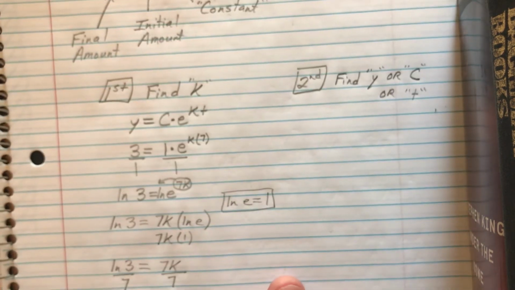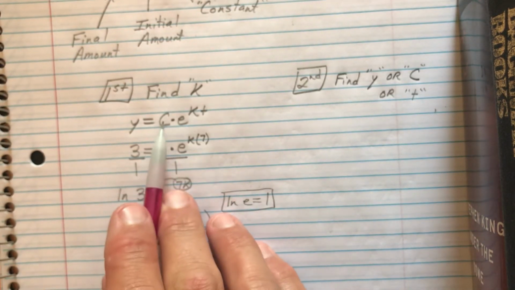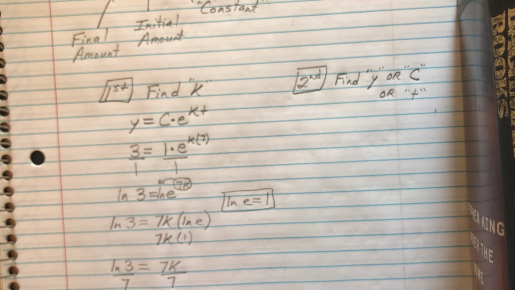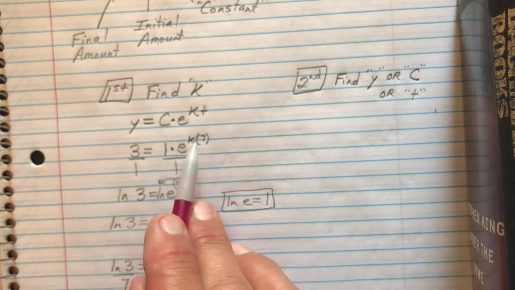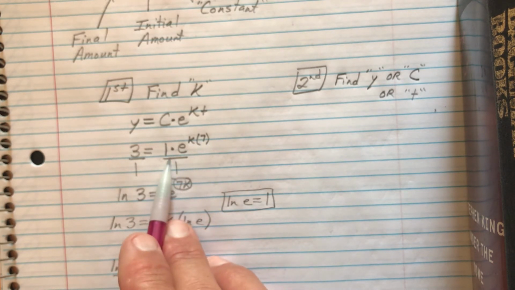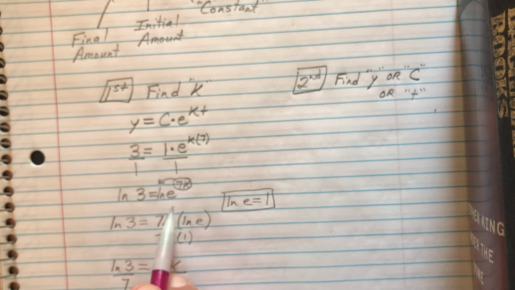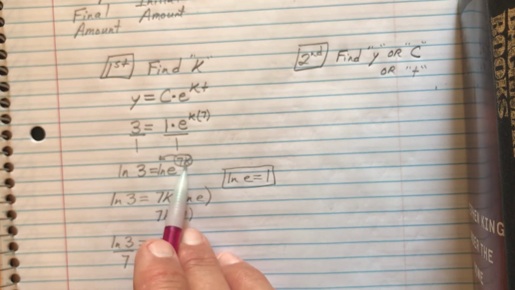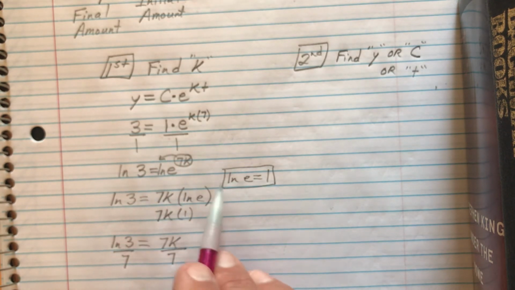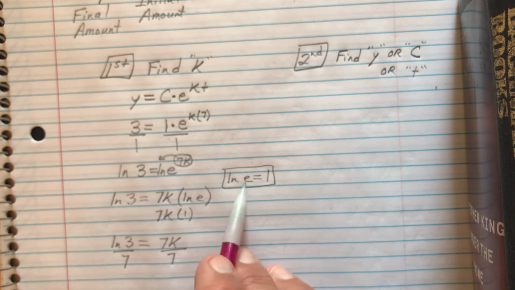So again, just to recap, we replace C with 1 and Y with 3 because the problem says that the bacteria was tripling in this amount of time, 7 hours. We divided both sides by C, and then we took the natural log of both sides to allow us to do two things. Number one, the exponent can move out in front, and number two, the natural log of e is 1.